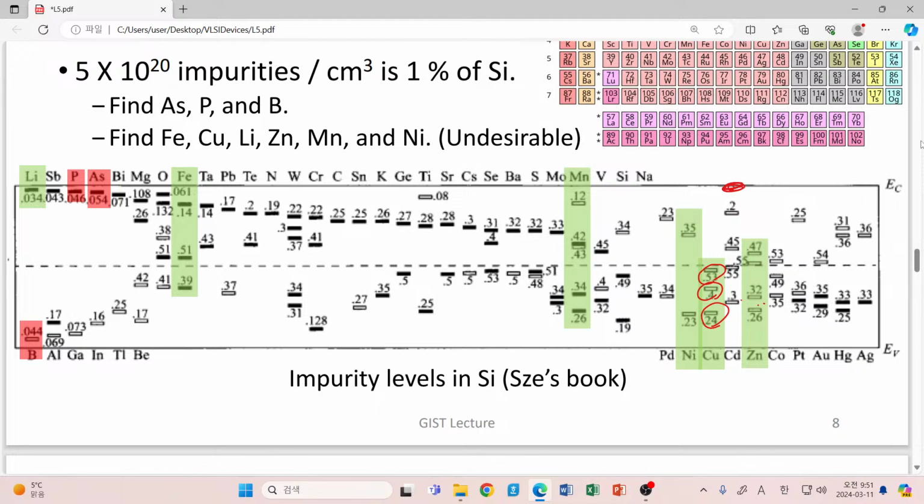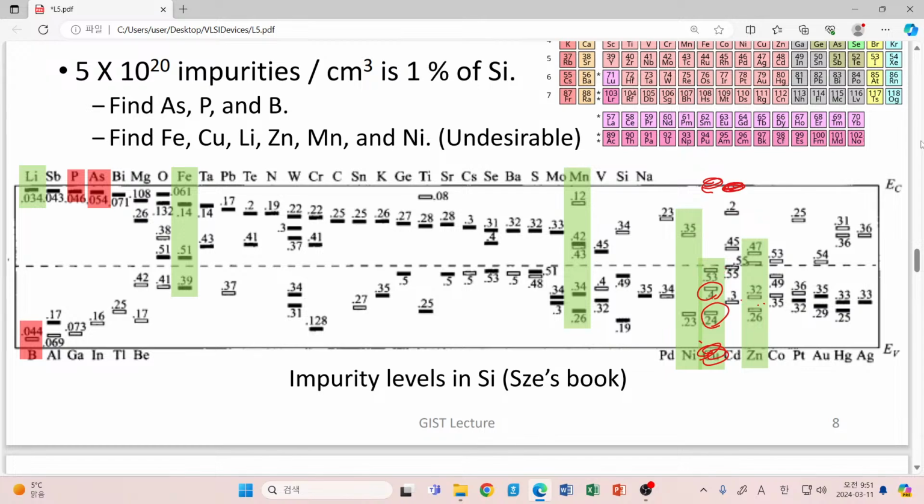And I wanted to ask you whether these levels are close to EC or close to EV. If we have to select only one of them, then maybe all of us can answer, okay, the copper introduced levels are closer to the valence band compared with the conduction band. Yes, you are right.